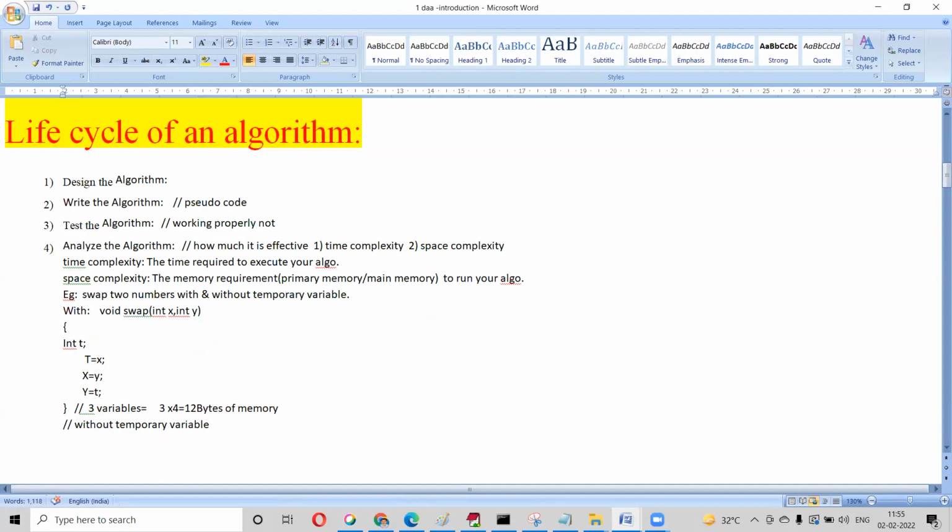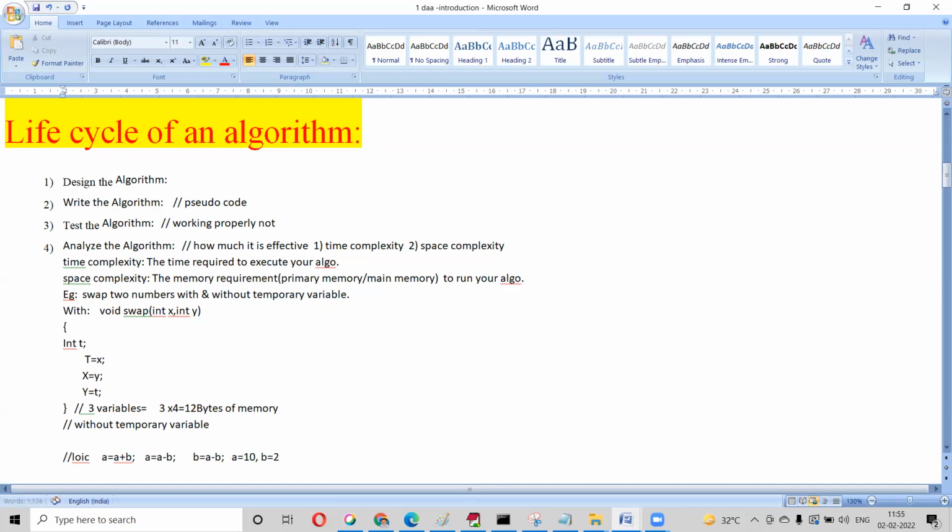The logic: A is equal to A plus B, next B is equal to A minus B, next A is equal to A minus B. This is one logic without using a temporary variable. Take suppose A value is 10, B value is 20.